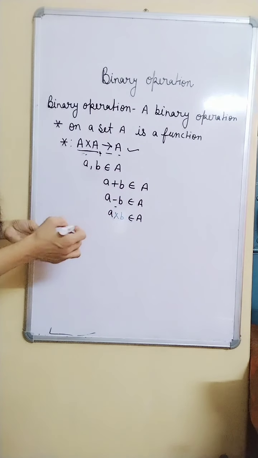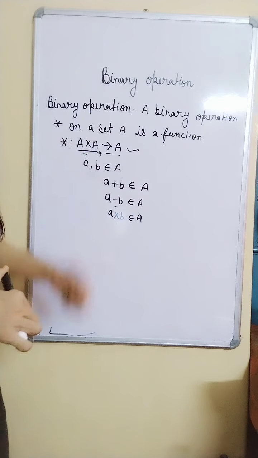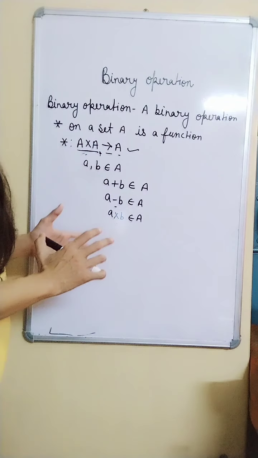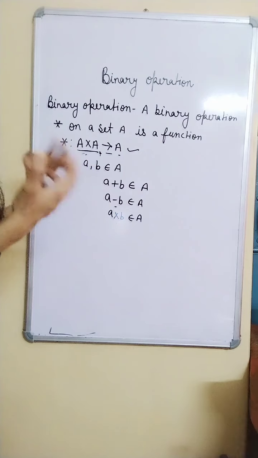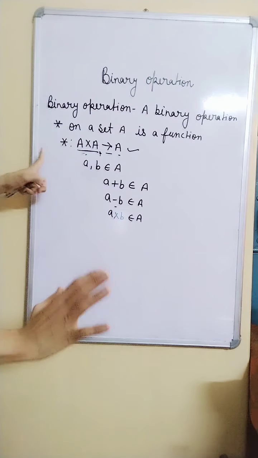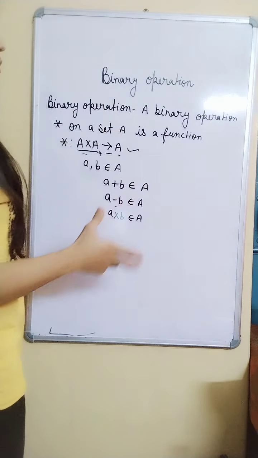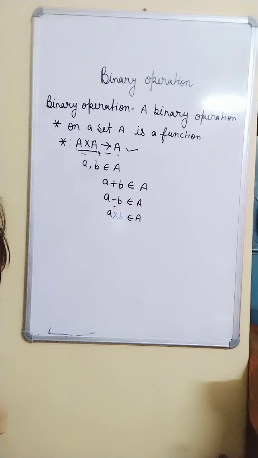We will check the associative property or commutative property and whether identity element exists or not. These all things you have already done in your previous classes, in 7th standard also, in 8th standard also. So this topic is not new for you, but the only difference is that the name is given: binary operation. So let's solve some problems based on this topic.